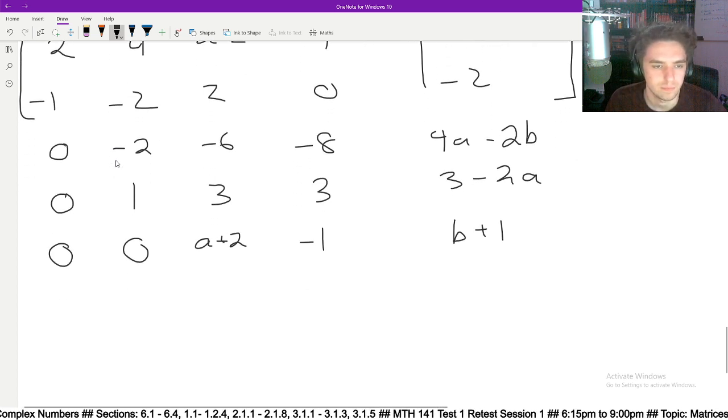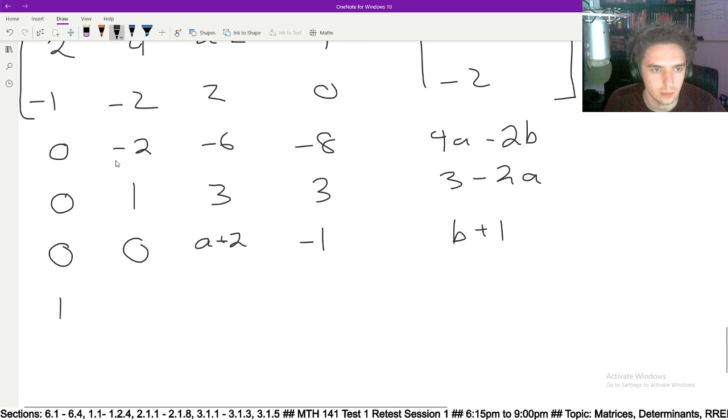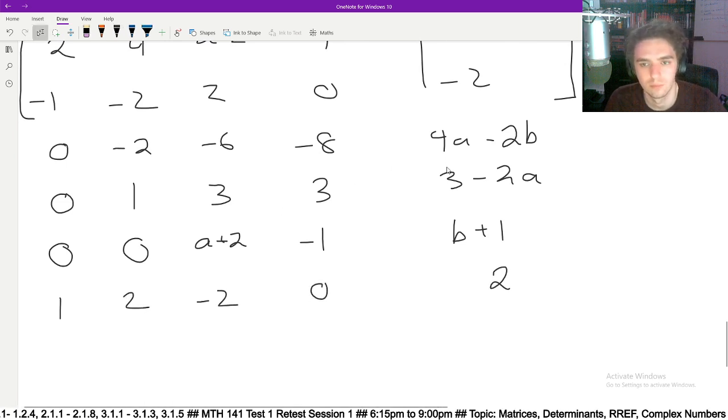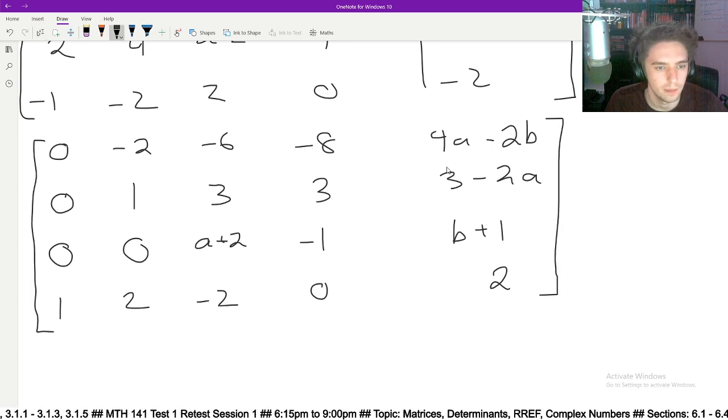Then I'm just multiplying row 4 by negative 1, so it's 1, 2, minus 2, 0, 2. Okay, not bad.